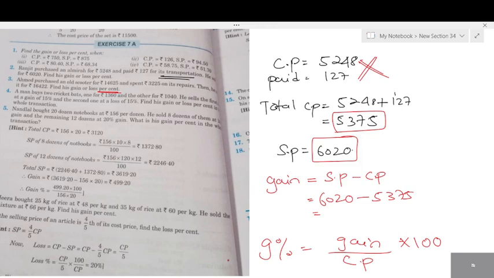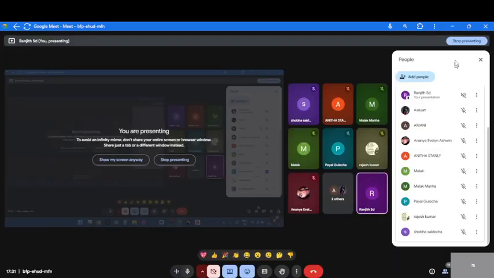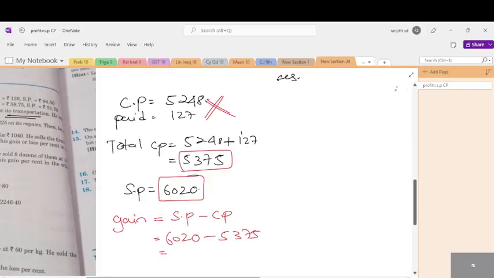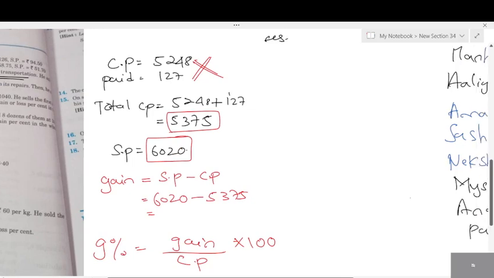Start from the beginning, students. Write the cost price, paid, whatever I've written, write the same steps. Just mute it.